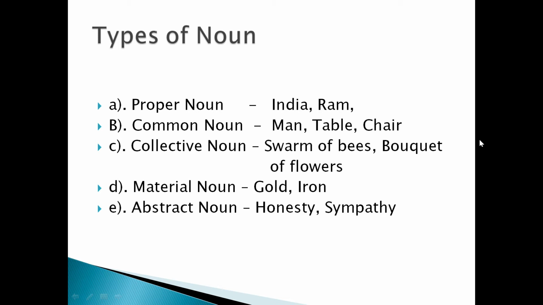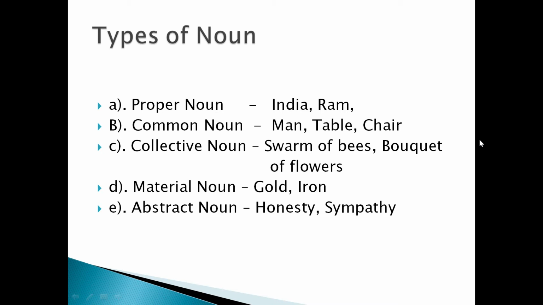The fourth type of noun is material noun. We can say gold, iron, silver, etc. And the fifth type of noun is abstract noun, and its example is honesty.